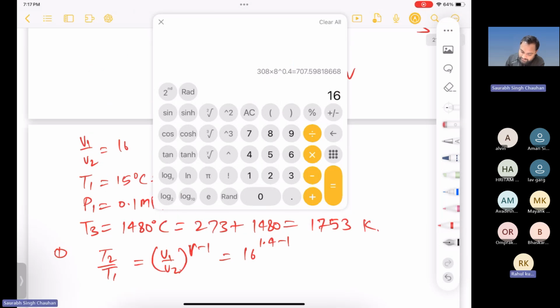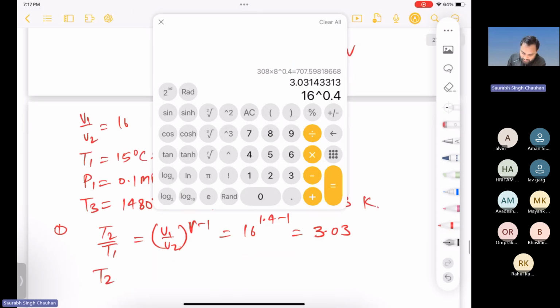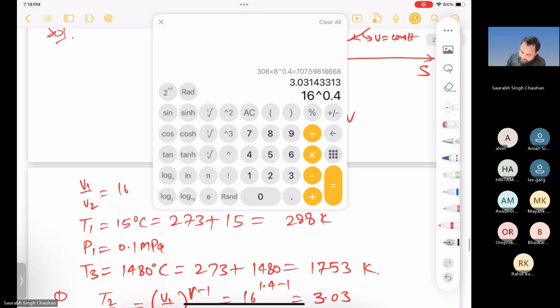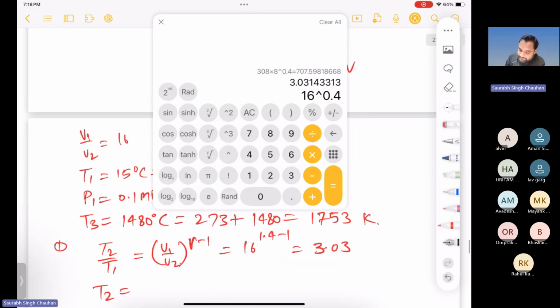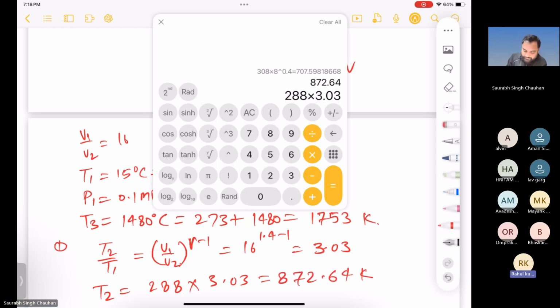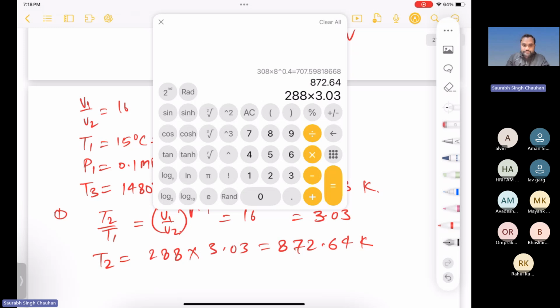So 16 to the power 0.4 is 3.031. So T2 will be equal to 288 multiplied by this value, 3.03, which is 872.64 Kelvin. So this is T2.